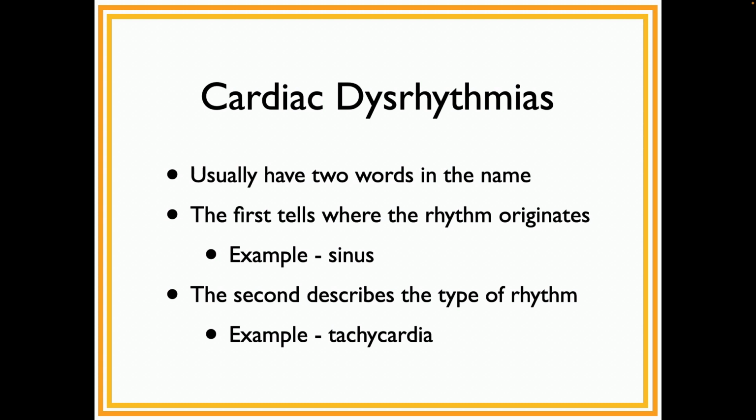So for example, where do sinus rhythms originate? In the SA node. So when we say where does the rhythm originate, it means where is the pacemaker? If it's ventricular rhythms, the pacemaker, for whatever reason, has moved down into the ventricles.